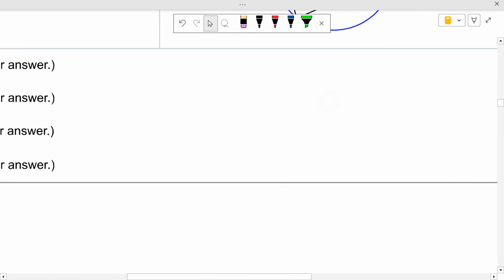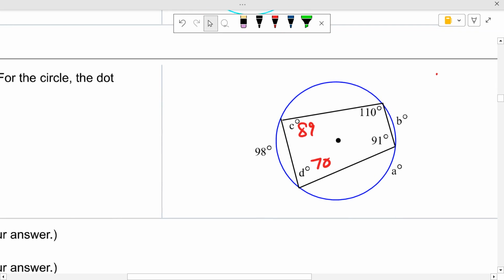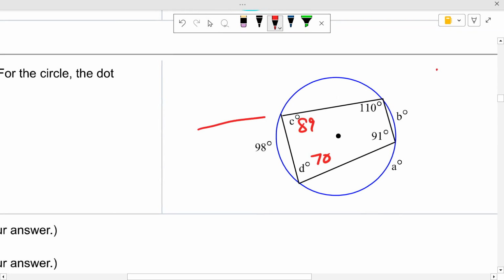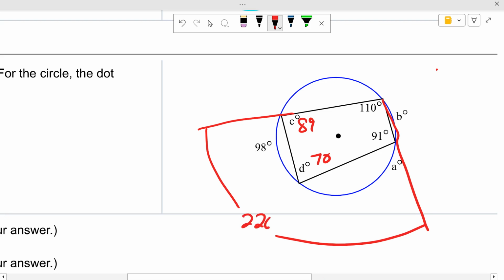All right. Now, that angle's 110, which makes this arc how big? 220. So if the arc is 220 and we subtract 98 from there, we get 122 for angle A.